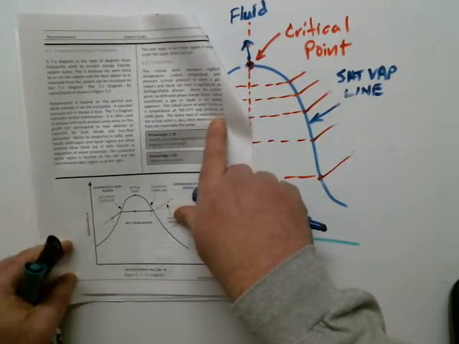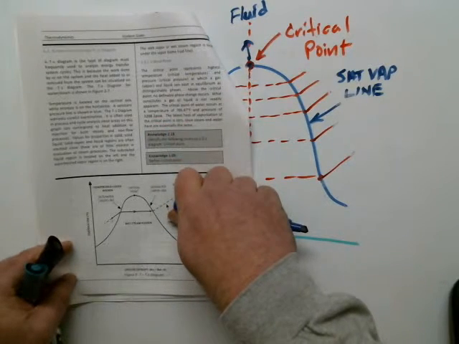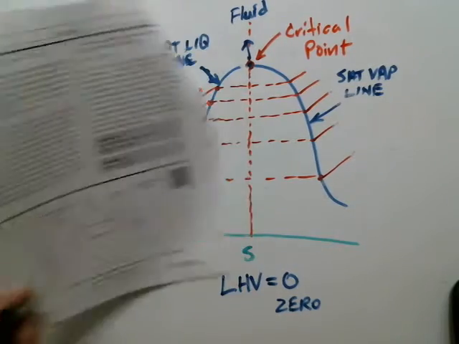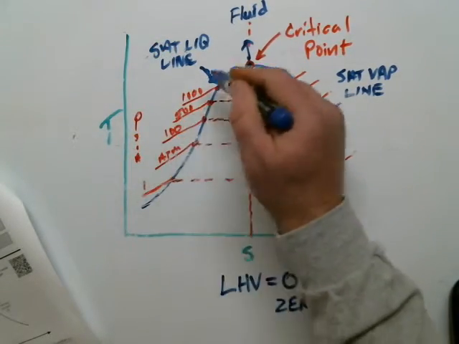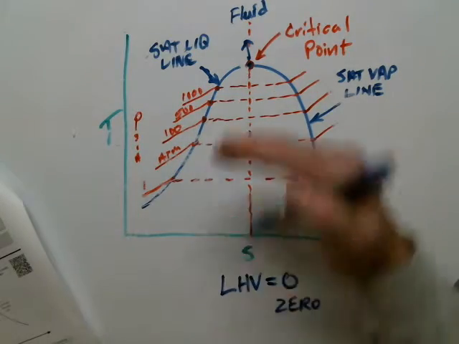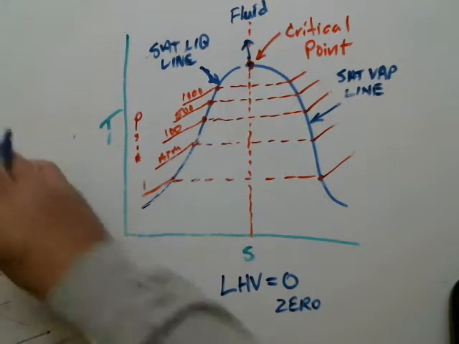The latent heat of vaporization at the critical point is 0. Steam and water are essentially the same. So the critical point separates the saturated liquid line for all of the pressures from the saturated vapor line. Anything above the critical point, the phases are indistinguishable.